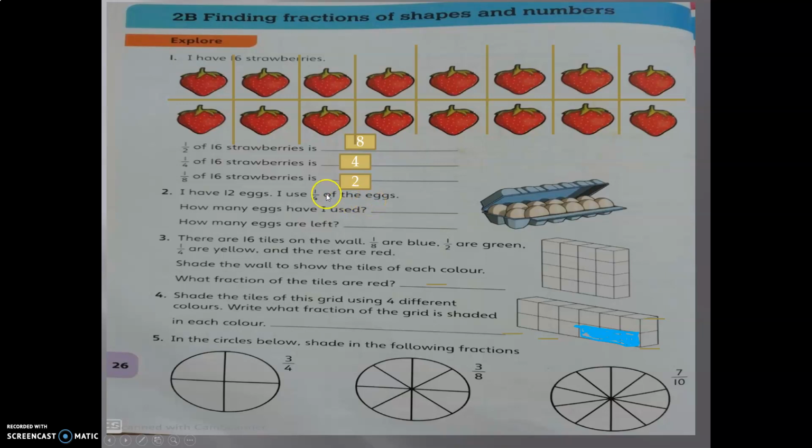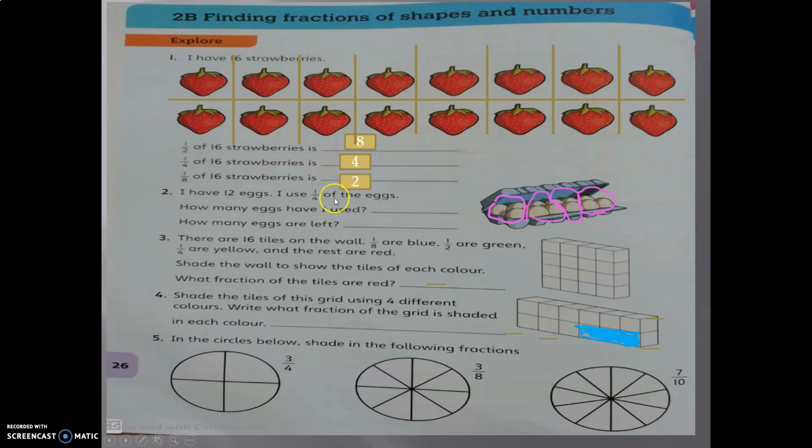So I need to cut my eggs into how many equal groups? Look down, 4. So group number 1, group number 2, group number 3, group number 4. So how many do you have here? 3. In the other group, 3 eggs, and the third group 3 eggs, and the fourth group 3 eggs.